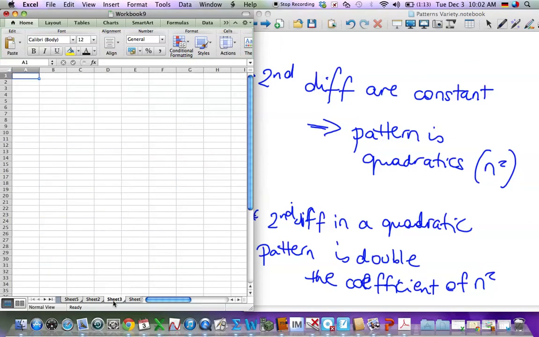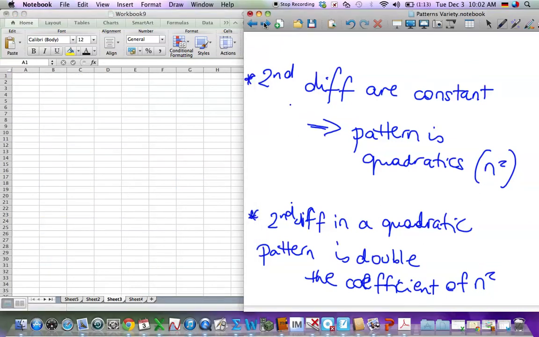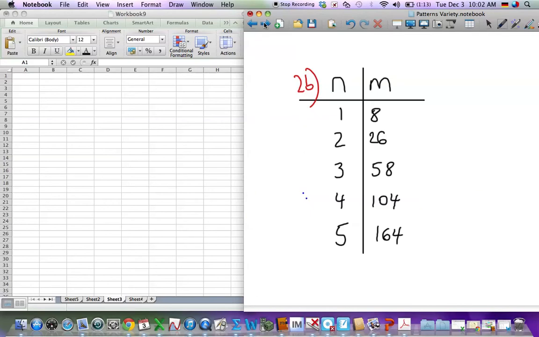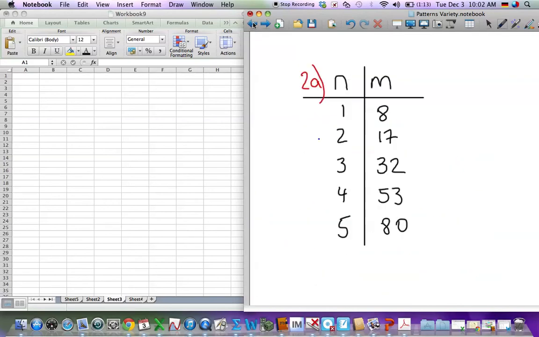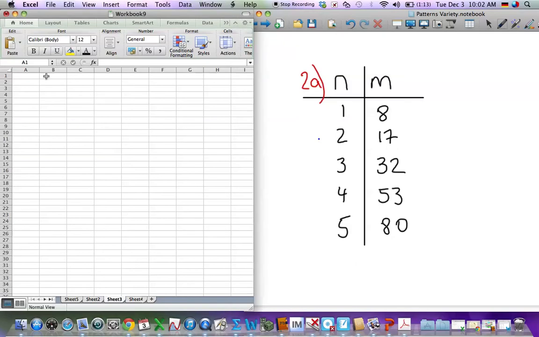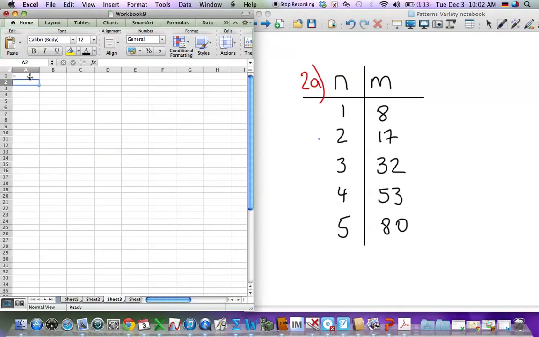Let's put that to use in our first question, 2a. Sorry, not 2b, 2a. All right, this is the table. First of all, I'm going to copy it into here: n and m, 1, 2, 3, 4, 5, and 8, 17, 32, 53, 80. Now I'm going to list my first differences.